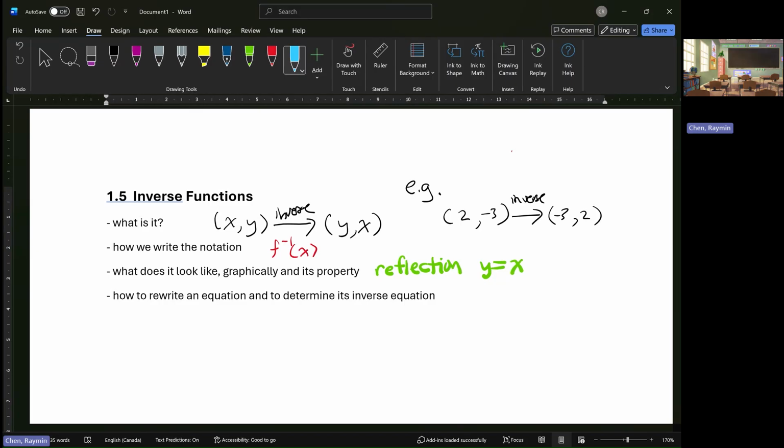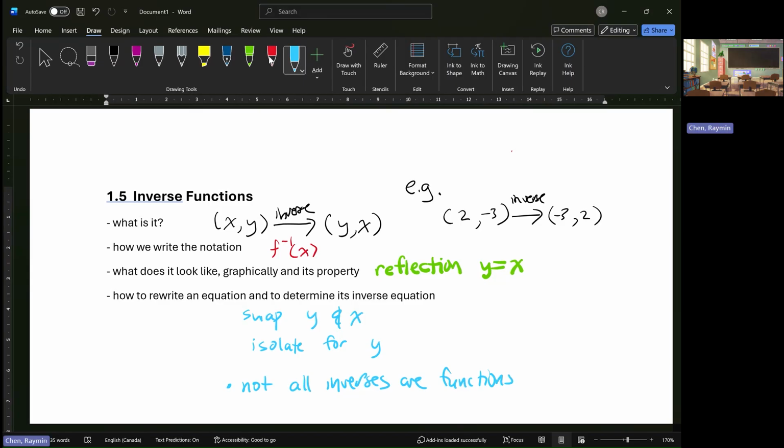The rule of thumb is swap y and x values, and then isolate for y. Please make note, not all inverses are functions. This will obviously make sense as we go through the package that we've given you from 1.5.